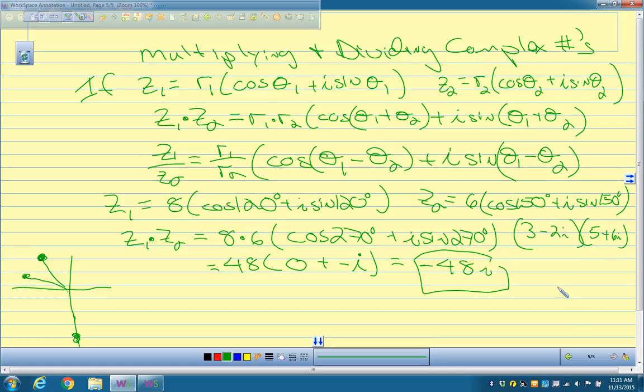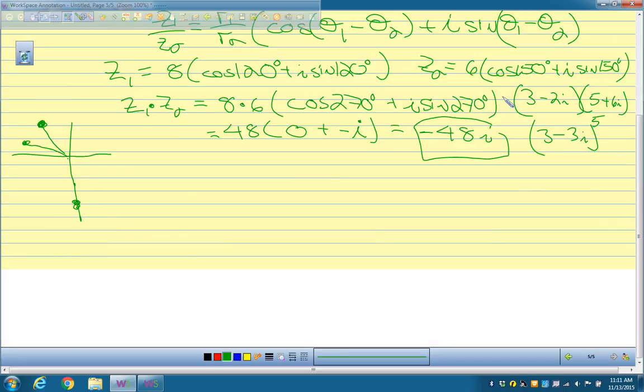That seems complicated, but if you're doing something like 3 minus 3i, and you want to raise that to the 5th power, I just want to show you why this is kind of cool. Okay? Well, I'm not going to show you that yet, because that's called De Moivre's theorem, which we'll talk about tomorrow. But this stuff is very helpful for doing stuff like this.